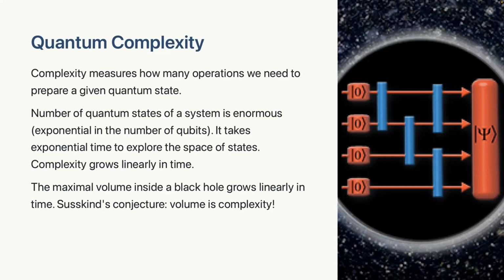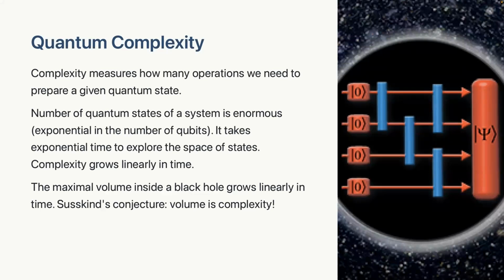There's a conjecture, again motivated by the holographic principle, which argues that the volume inside the black hole is a measure of the complexity of the quantum system on the boundary. This conjecture is really weird because the observation is that complexity grows linearly in time, and you can then calculate a certain definition of volume.